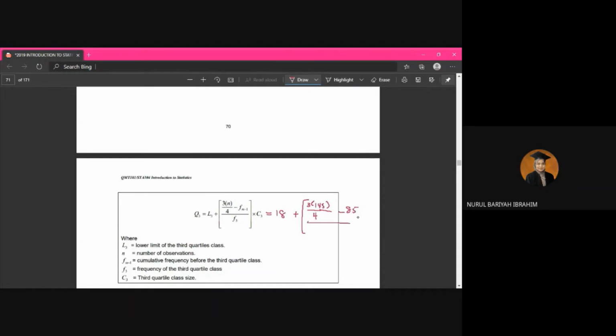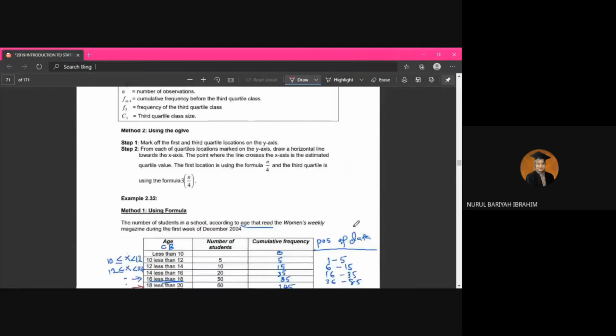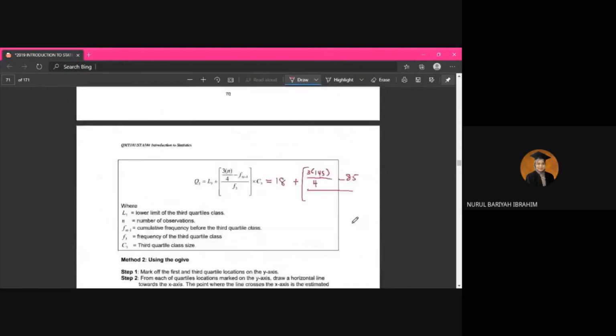Okay, divide by the frequency, which is 60, multiply by the class size, same for all, which is 2. So the answer is 18.79.